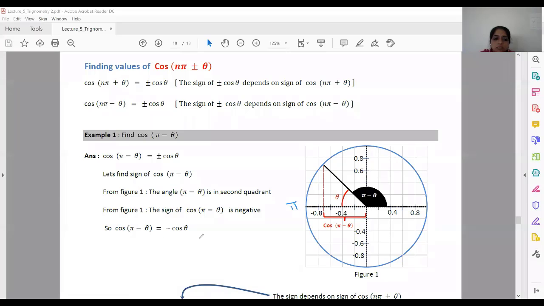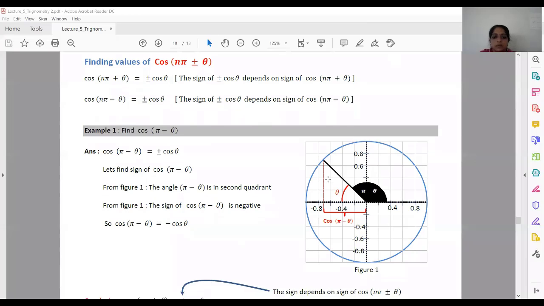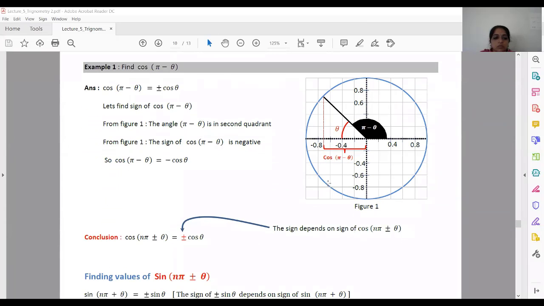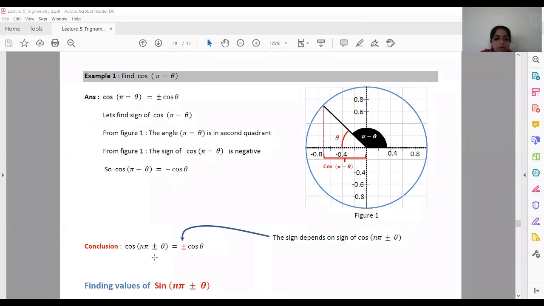So our answer is negative. So the conclusion is cos of n pi plus or minus theta is equal to cos theta, but it is positive or negative depending on the sign of cos of n pi plus or minus theta.